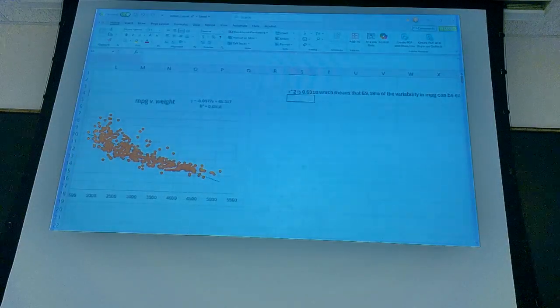Here, square root, that's the square root of R squared. Should that be negative or positive? Slope is what? Negative or positive slope?